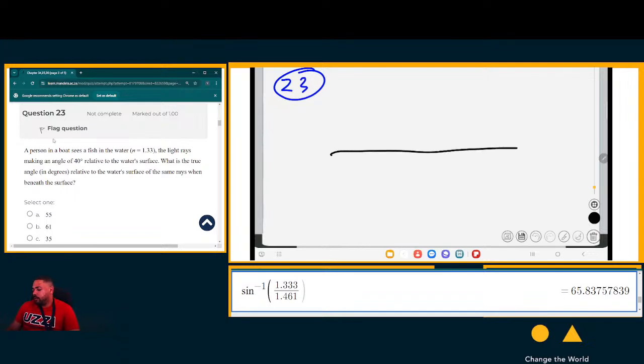Okay, so a person in a boat sees a fish in the water. So here's the fish. Let me just draw a fish. There's a fish and a person in a boat here. This person is standing in this boat, looking at this fish.